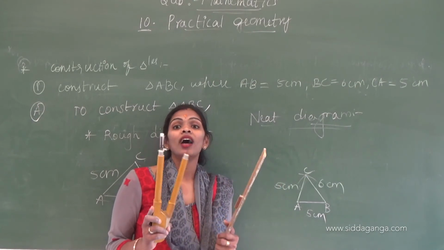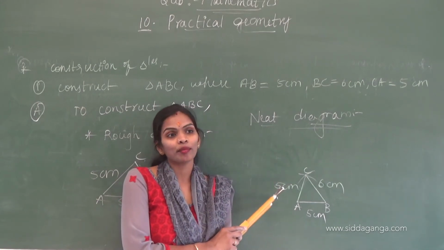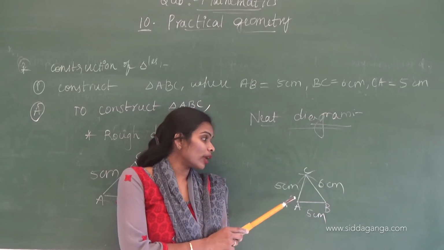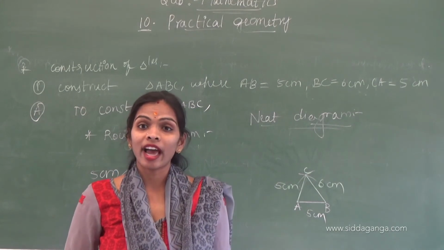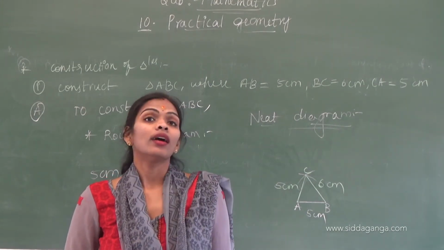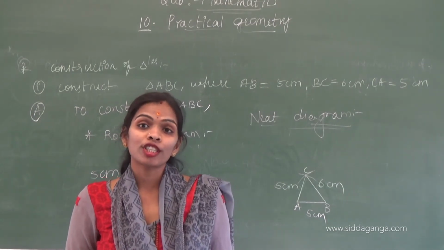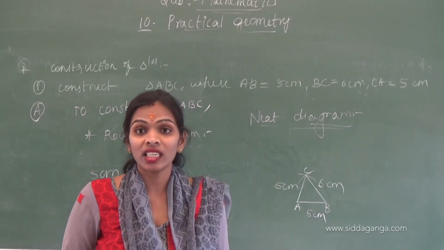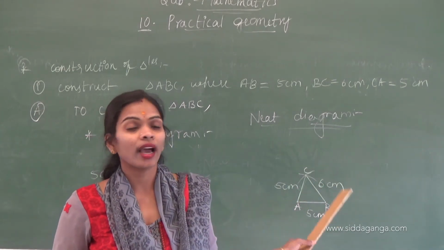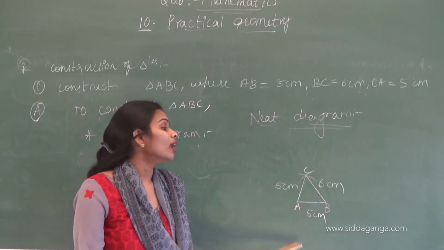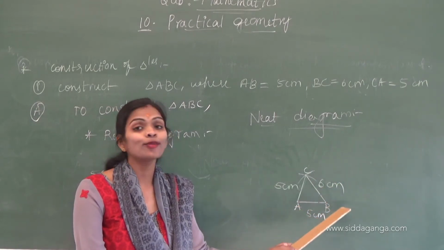I measured 5 centimeters on the compass and drew an arc from A, and then from B I drew an arc which cuts the above arc at 6 centimeters. I named the point of intersection of the two arcs as C, and finally joined A and C and B and C, and got a triangle ABC with AB as 5 centimeters, AC as 5 centimeters and BC as 6 centimeters.